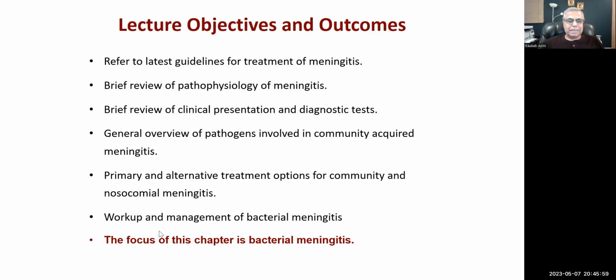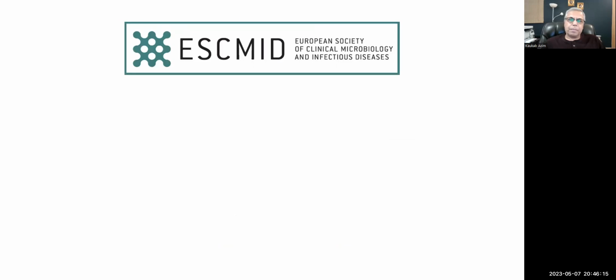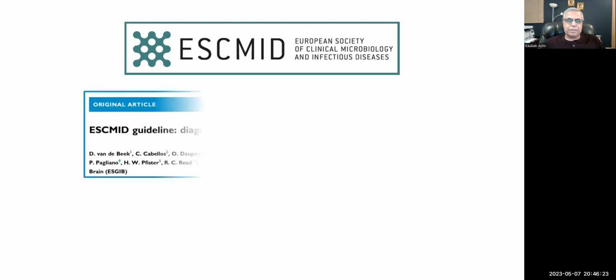I usually say that workup and the procedures and the pathophysiology, that is just preparing the ground for the treatment. So the most important part is the treatment in all the lectures in therapeutics. So this is one example of the guidelines, European Society of Clinical Microbiology and Infectious Diseases.